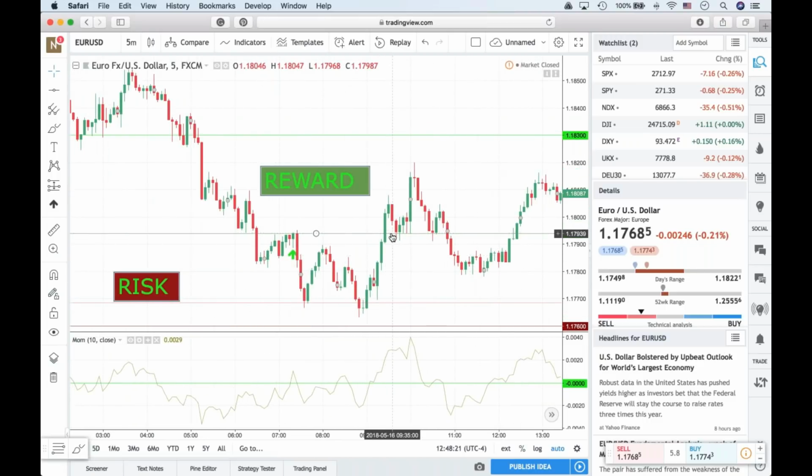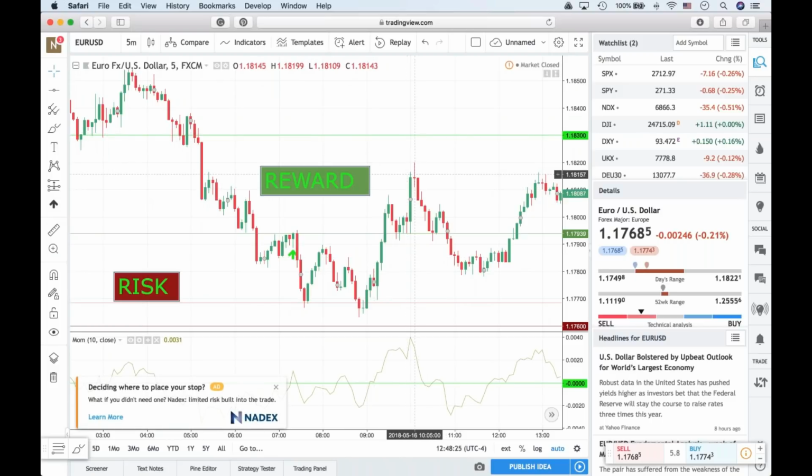Basically, from here to here, halfway is going to be somewhere in the middle here, at around 150. So we're going to add another take profit order here. And then basically we're going to get out halfway, half of the position, leave half still running, and then let it go to the other take profit.